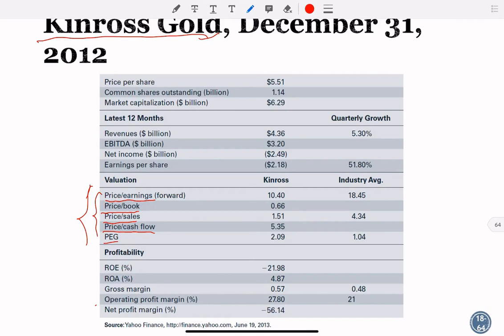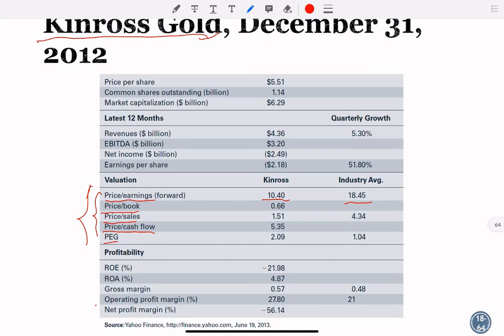So let's say you're looking at the PE ratio, right? Kinross gives you this 10.4 number. And you want to know whether this firm is overvalued or undervalued. So you compare this PE ratio with the industry average. You can see that the industry average is actually about 80% higher compared with Kinross's PE ratio.